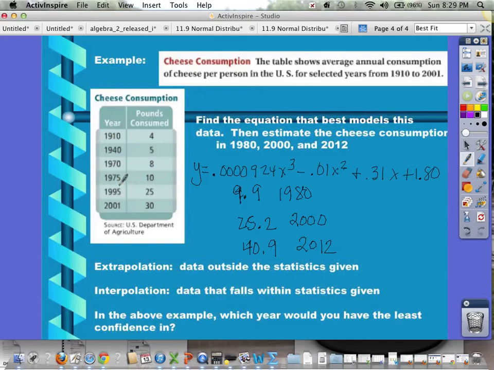Those you can count on pretty confidently to be true. However, 2012 is not within our data that we've been given, and it's not as likely to be true. So it's called extrapolation, data outside the statistics given. It can give you an estimate only if it's outside the data given, the data or the years or whatever.